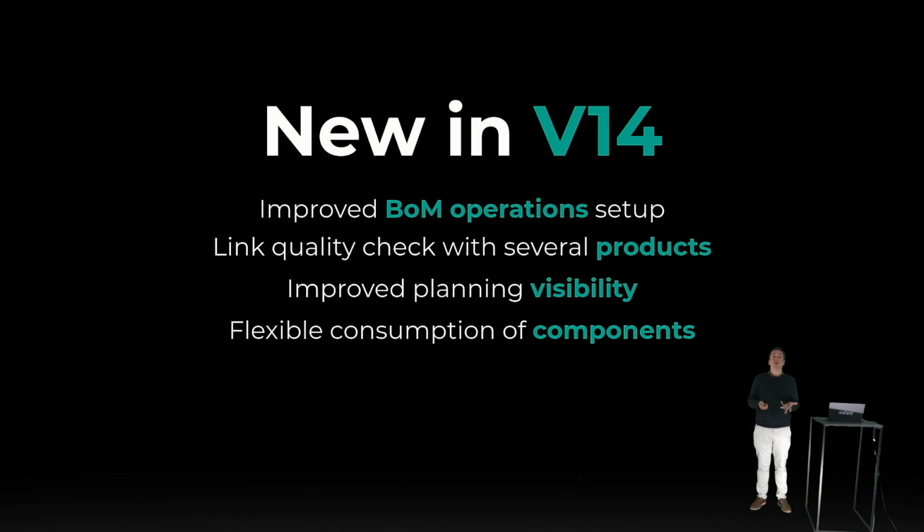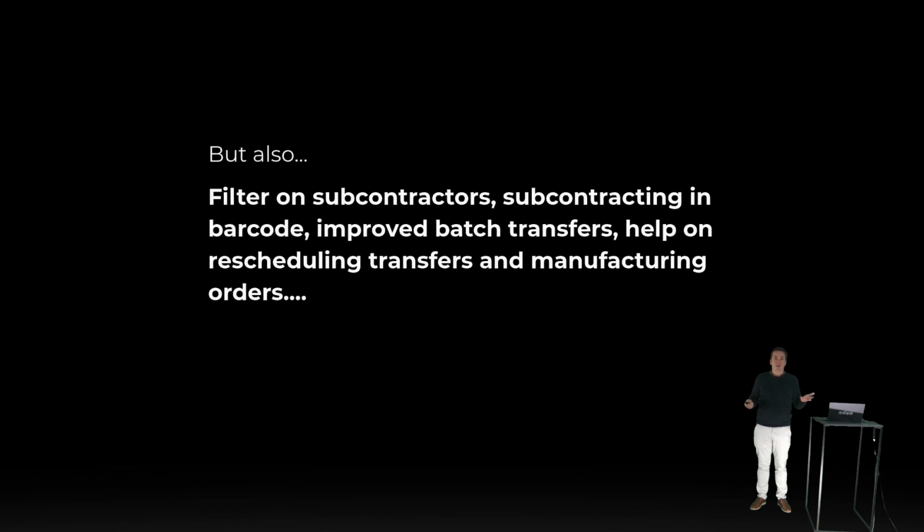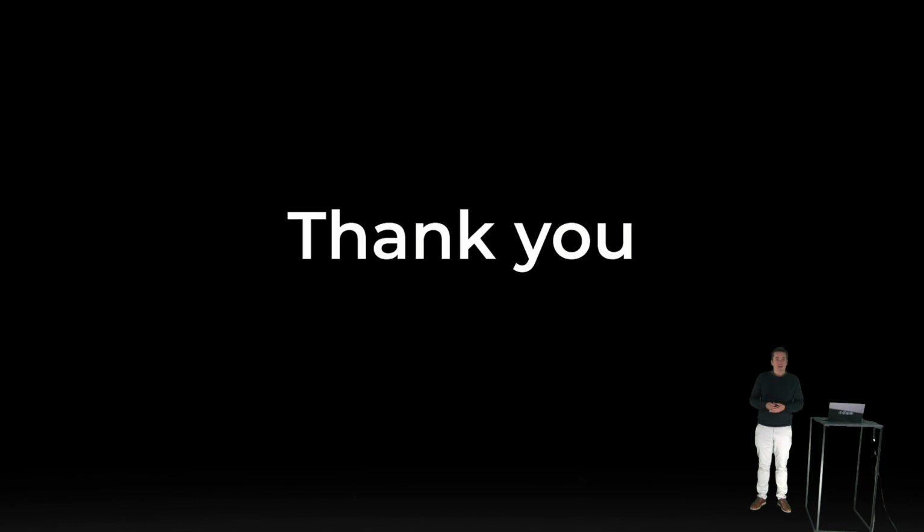You can now link quality checks with several products, which was not possible in the past. We improved the planning visibility. It's now possible to add extra components in your fabrication while you are producing, and we did way more than that. Here you have some other stuff we did.